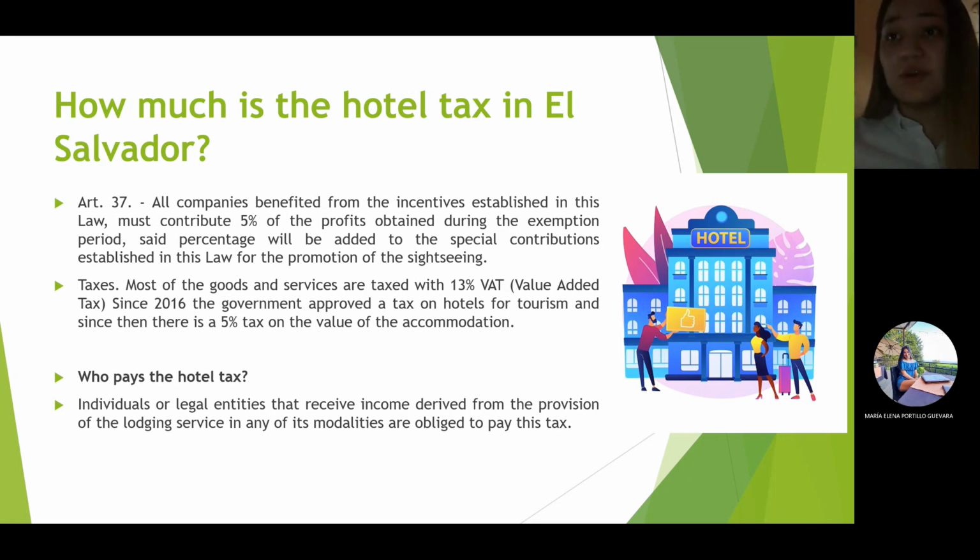For example, all the companies that provide tourist service, who give a hotel, motel, or house, who give the service of a room, or another service like breakfast and other things. In this case, we need to put the tax for El Salvador.